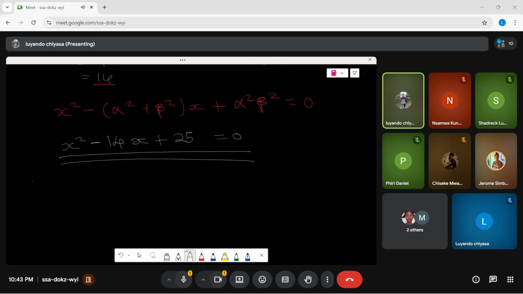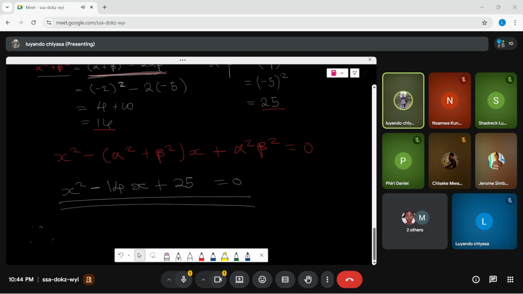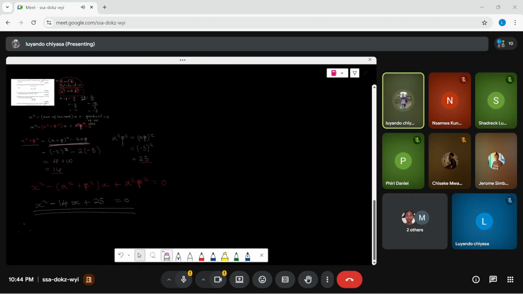That's your closing statement. Then you go to the next question. You say, therefore the equation whose roots are alpha squared and beta squared is x squared minus 14x plus 25 is equal to 0. Okay. I think we can move.